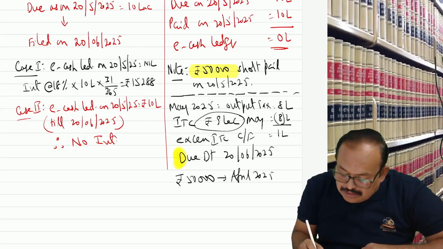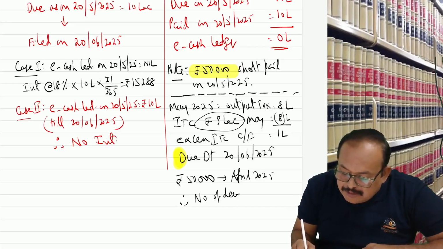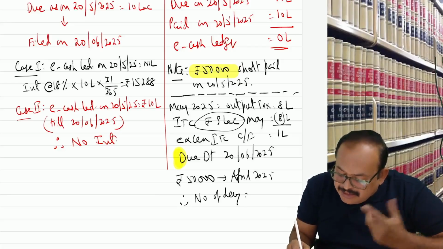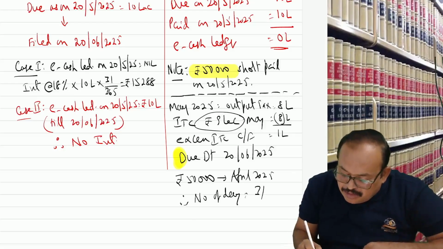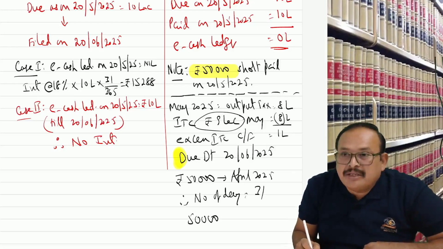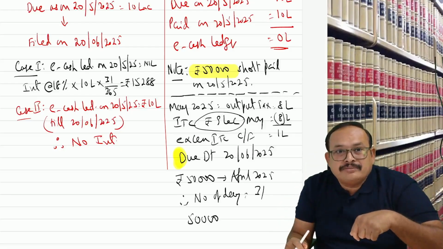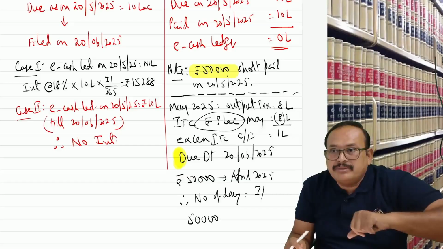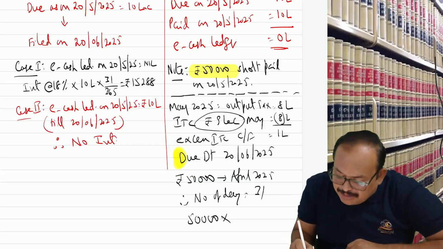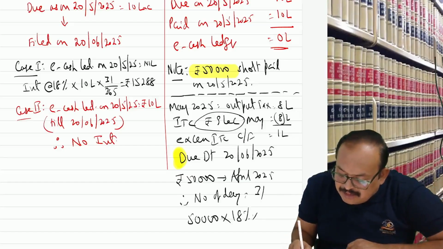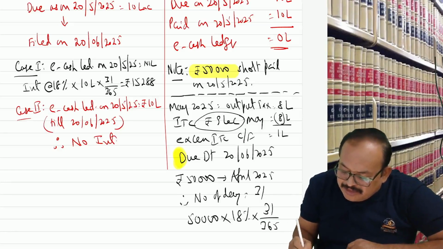So here, number of days delay. How many days? 31. So take the gross liability. Do not deduct the credit. 50,000 multiplied by 18% into 31 divided by 365 days.